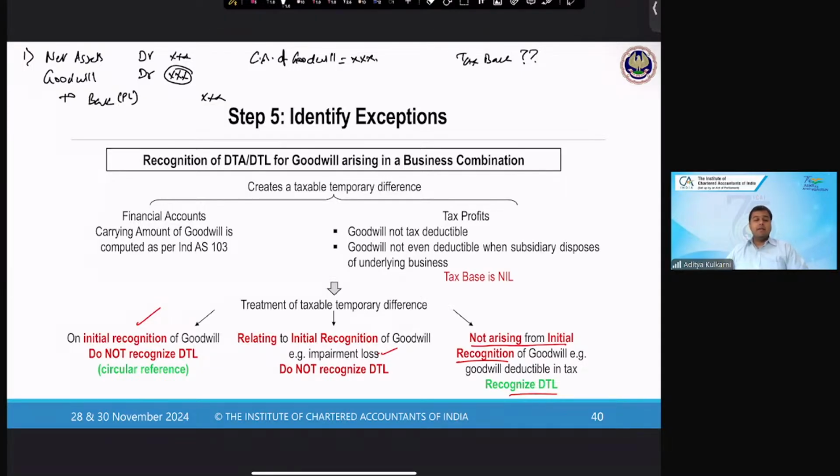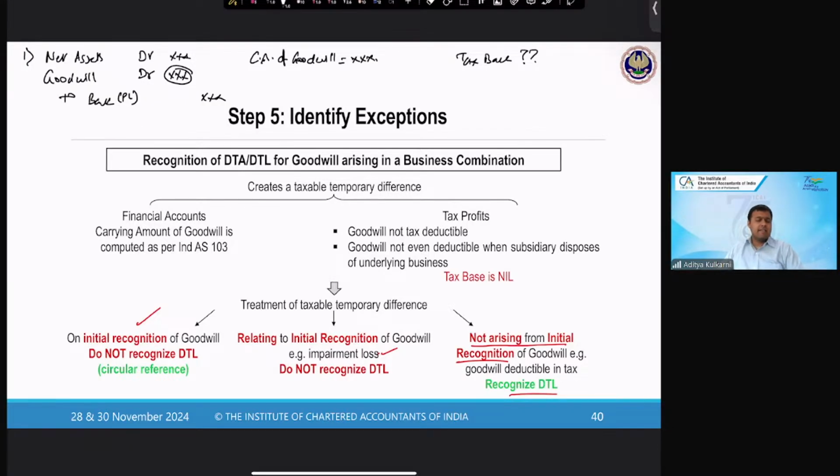First of all, tell me, is business combination, consolidation a recognized item under the tax laws? No, sir, it's not tax deductible. It typically goes in as not tax deductible.